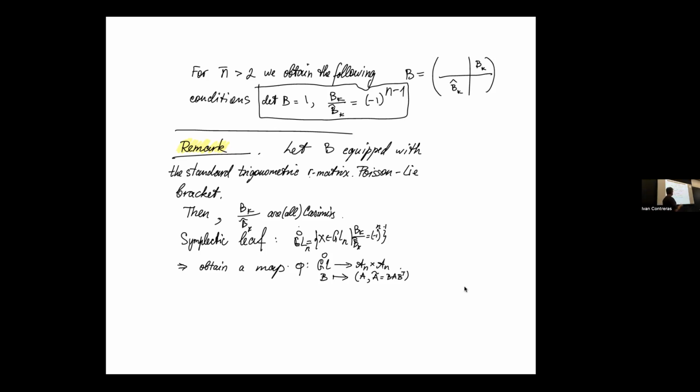So our condition boils down to the fact that all matrices B such that there exists a corresponding A form a symplectic leaf of this standard trigonometric Poisson bracket, which is given by the conditions that these Casimirs are equal to -1 or 1. Let's denote this symplectic leaf by GL circle. So for GL circle, we have a map from B to the pair A and A tilde.